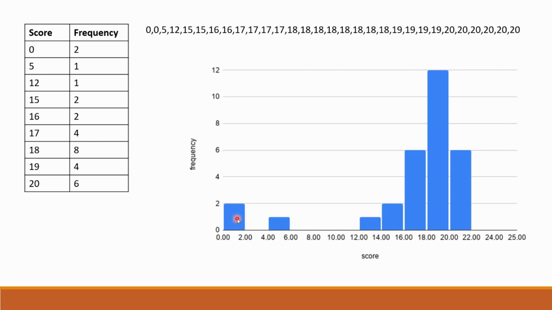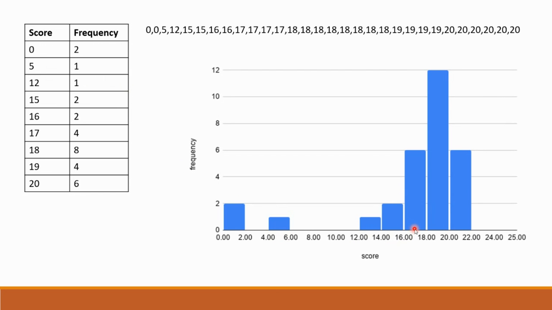So this will have all scores greater than or equal to 0 but less than 2, so just 0 in this case. Here we have all scores greater than or equal to 4, less than 6, so there's only 5. We have 12 through 14, but again, greater than or equal to 12, less than 14, there's only one value. Here also we have greater than or equal to 14, less than 16, so just 15.